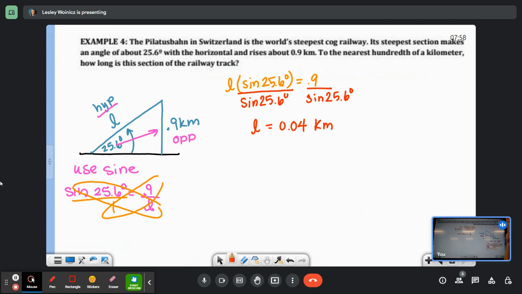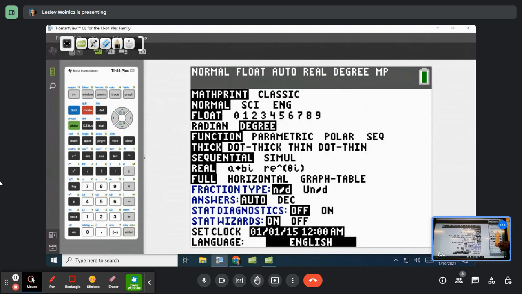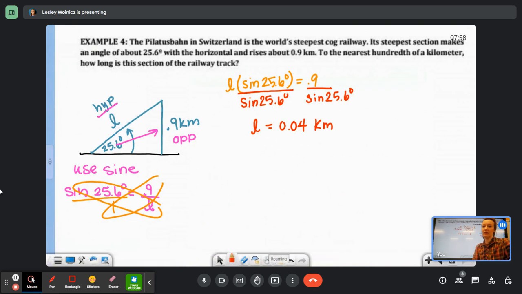That doesn't look right. Did I accidentally get in the wrong mode? Oh, I'm in degrees. All right, let me see if I can figure out why that doesn't look right. I'm going to tell on myself and tell you what I did wrong.